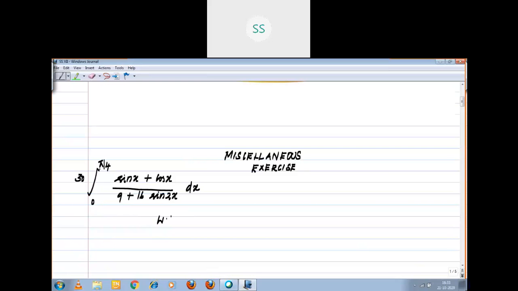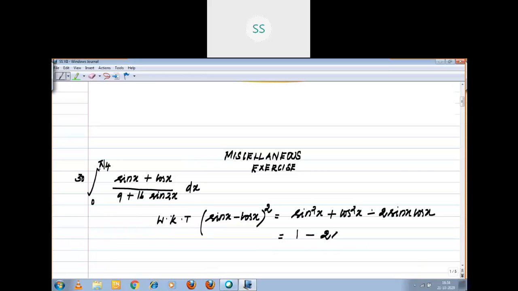We know that (sin x minus cos x) the whole square equals sin square x plus cos square x minus 2 sin x cos x, which is equal to 1 minus 2 sin x cos x.